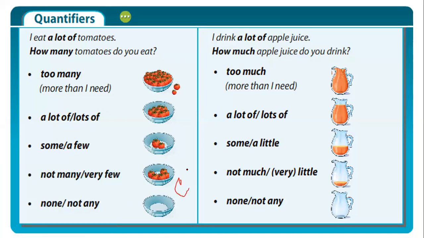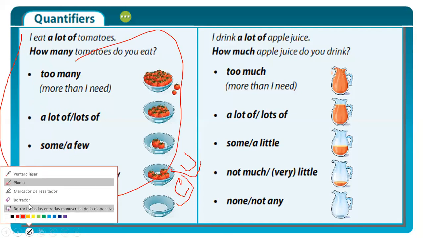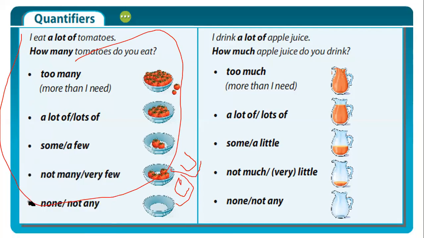So remember that we are working with countable and uncountable. Okay? So countable, uncountable. This first part, who wants to help me read this part? Okay, please. I eat a lot of tomatoes.